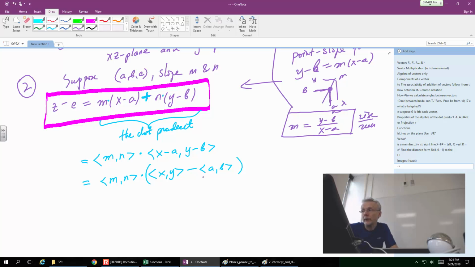The point we're referring to is this. It passes through the point (a, b, c), the point (a, b) in the XY plane, in the XYZ space. But if we look only at what's happening on the XY plane, then this is what we are observing.